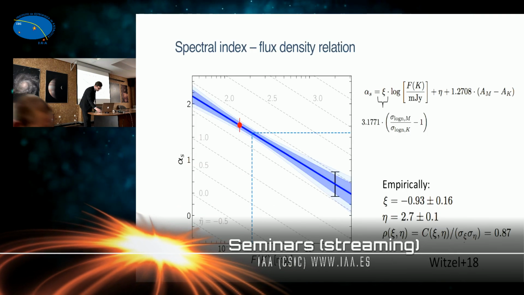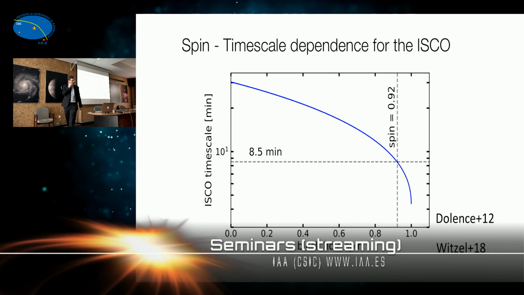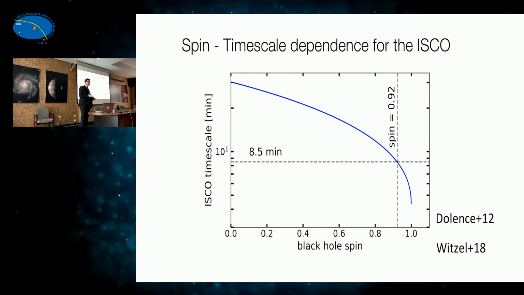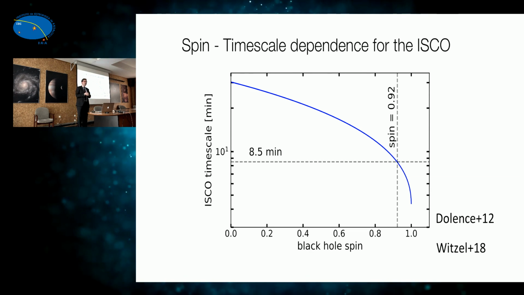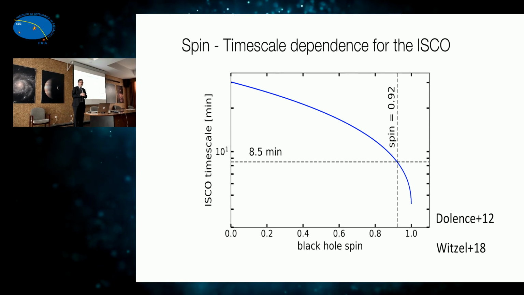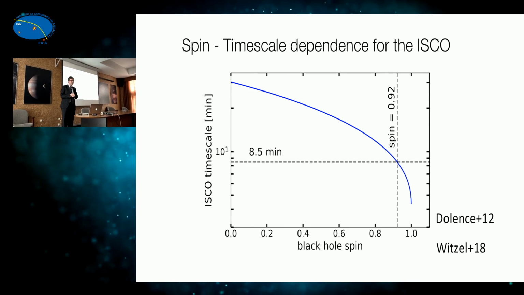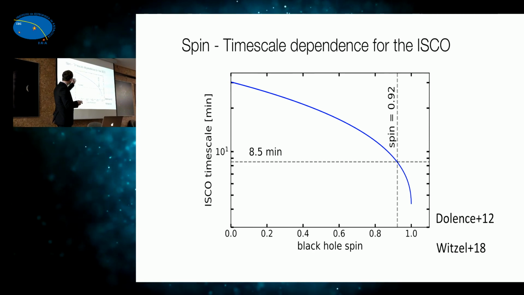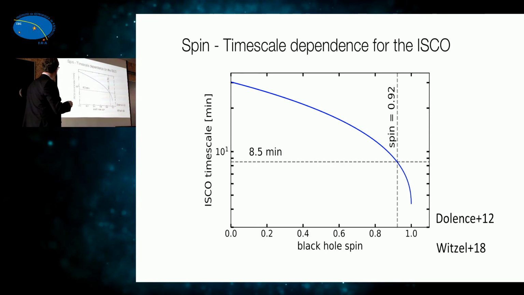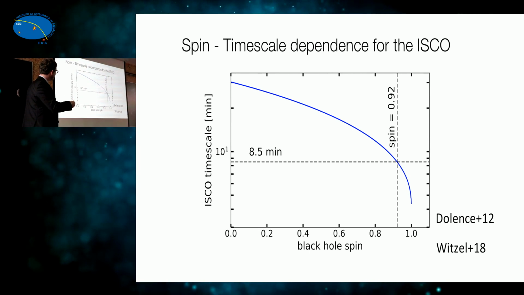Let me go back first. For a Kerr black hole, there's an equation that simply tells you that the innermost stable orbit for matter, not for photons, is a function of the spin, especially the frequency of it. And that is what is shown here in the blue curve. So with black hole spin, the ISCO timescale of one rotation around the black hole will decrease.